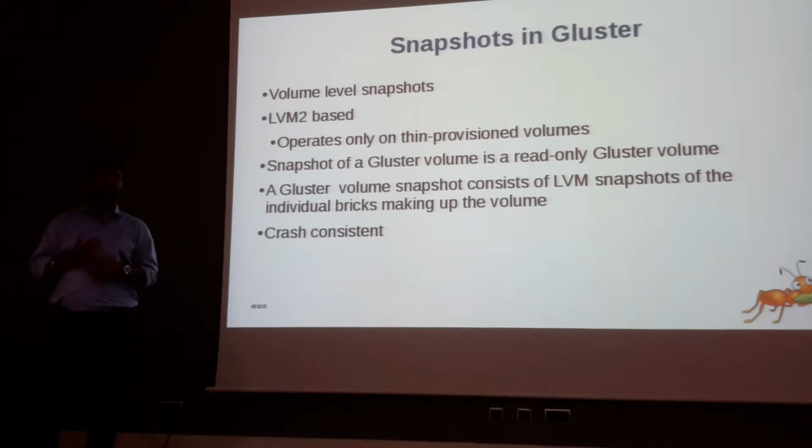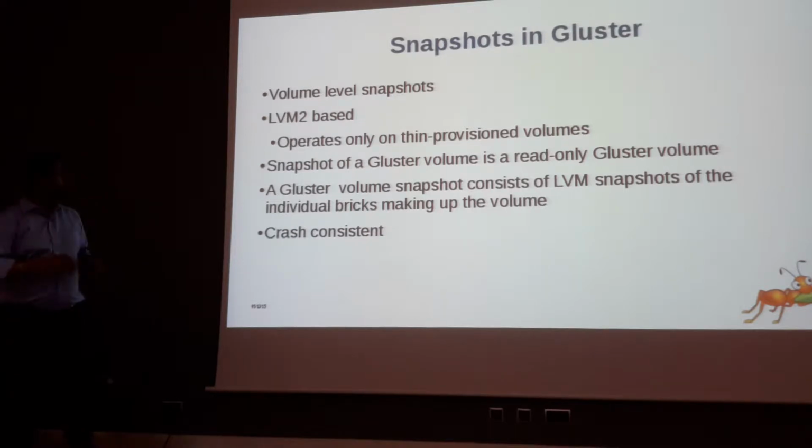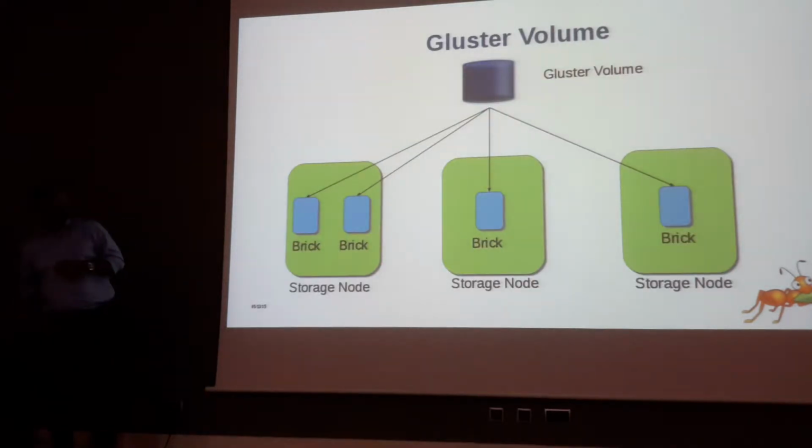Since most IOs are not very atomic in nature, there might be cases where you have taken a snapshot and some of the IOs are half-written. We need to make sure that when the snapshot is taken and you use it afterwards, you can reach a consistent state, or it is already in a consistent state. I'll go through how it is done.